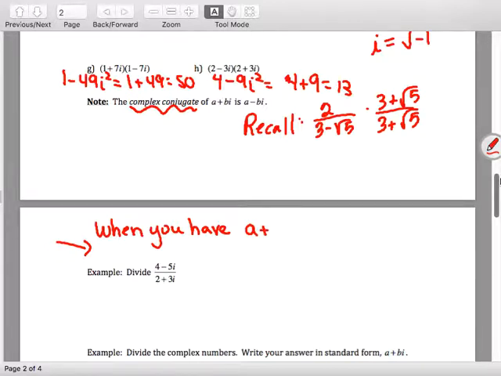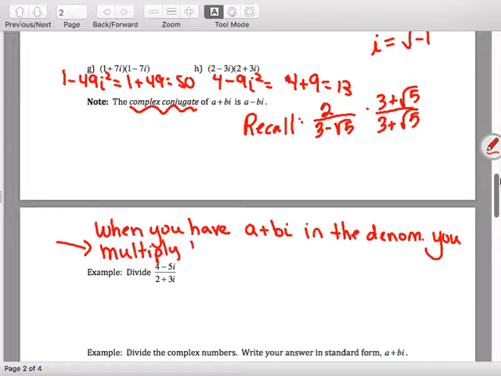When you have a plus bi in the denominator, you multiply by the conjugate, which is a minus bi. So again, please write this down in your notes.